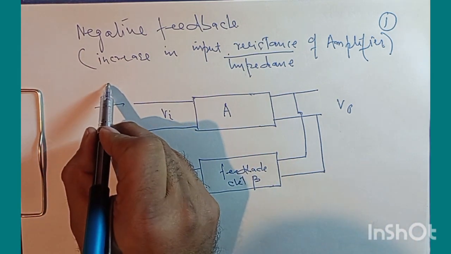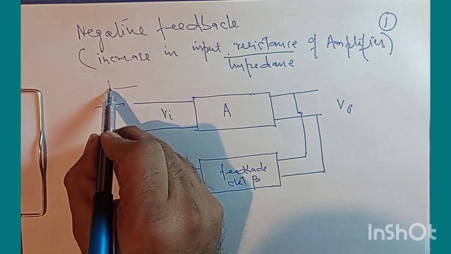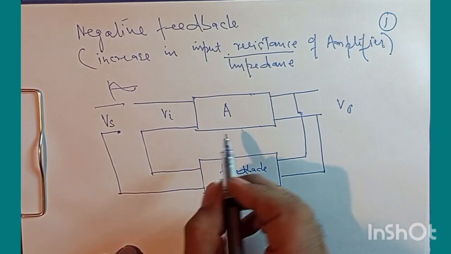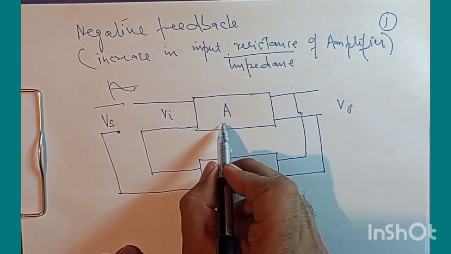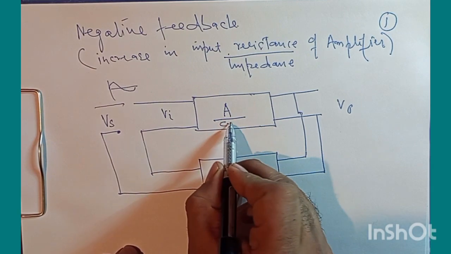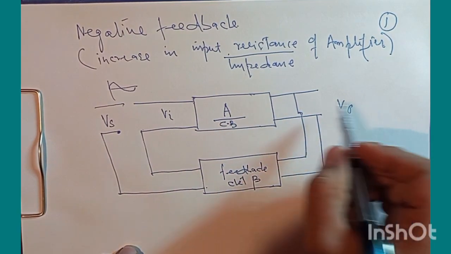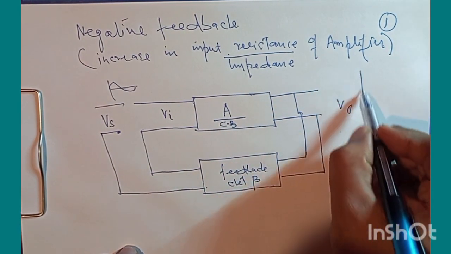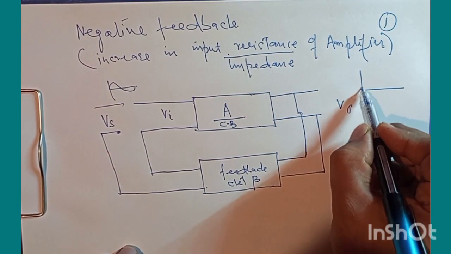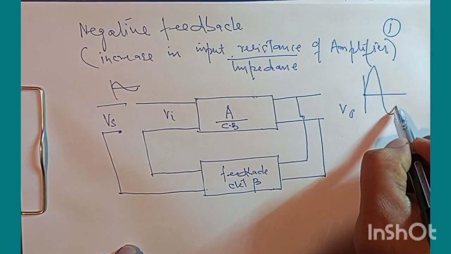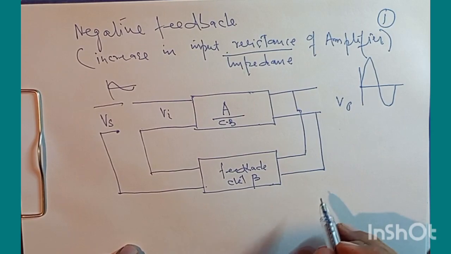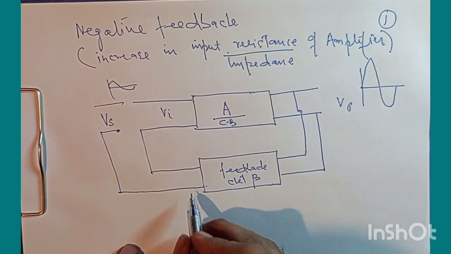We better understand that if I have an input signal of some magnitude, and suppose I use an amplifier with common base configuration, here I'll have an amplified signal, and this signal will be subjected to the feedback circuit.